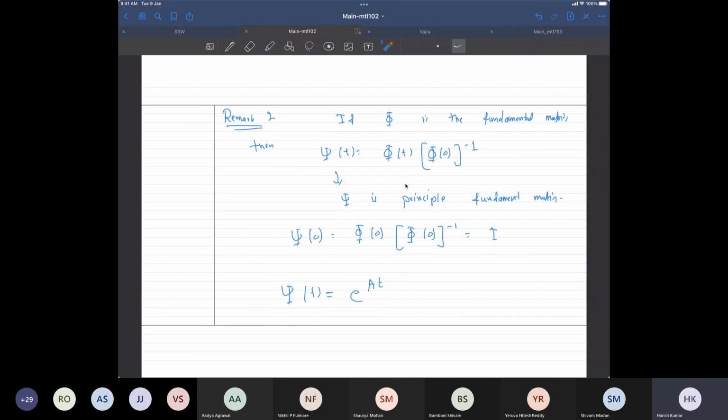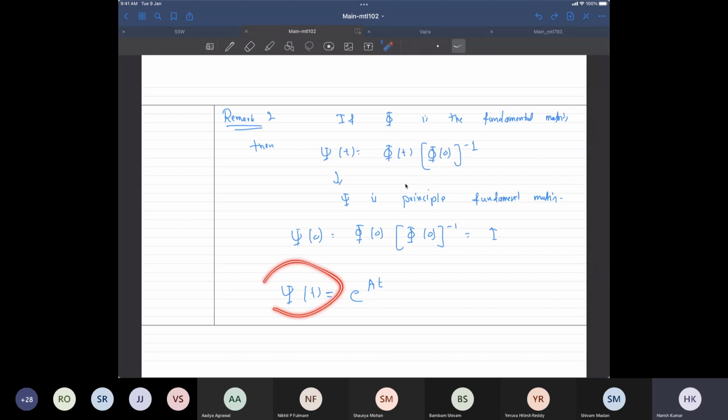Why? Because note that at t equal to 0, this matrix is the identity matrix. And this is the fundamental property which helps you identify the principal fundamental matrix, that at 0 it should be the identity matrix.